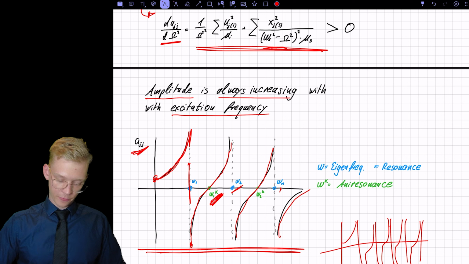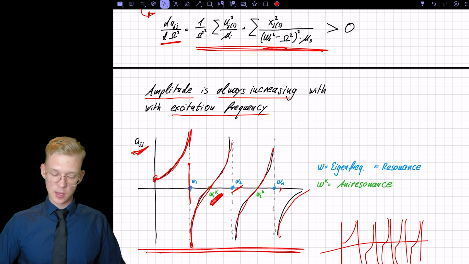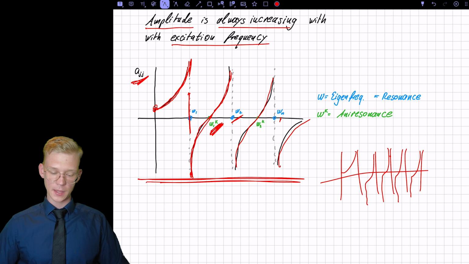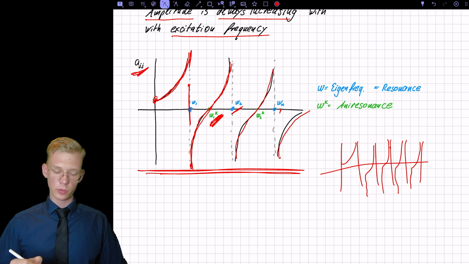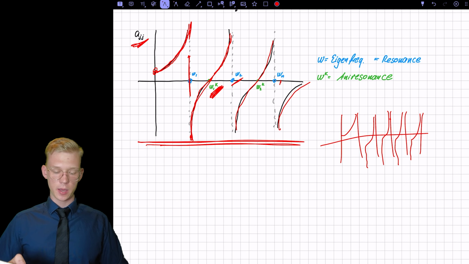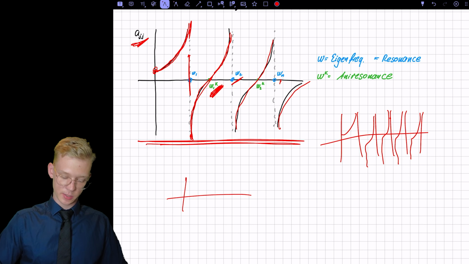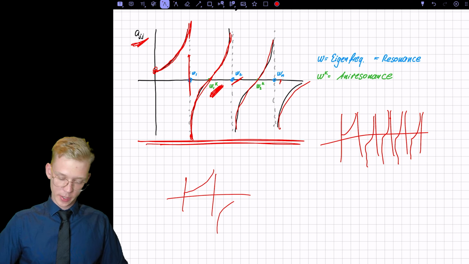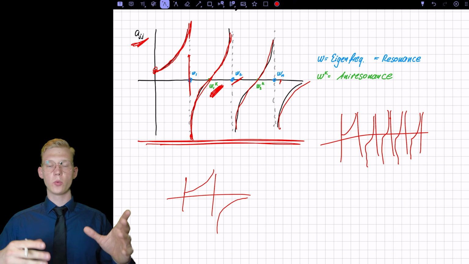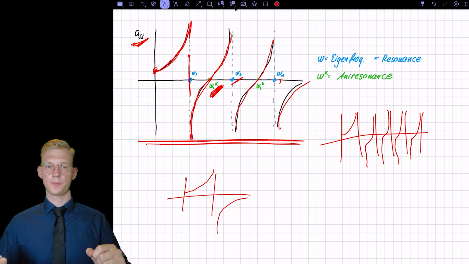Then we fall back and again start from minus infinity, cross the anti-resonance, and continue to the next eigenfrequency. If we have a system with only 1 degree of freedom, we will not have an anti-resonance, because we start from here and we go again to 0. So only if we have 2 degrees of freedom, we will have 1 anti-resonance.